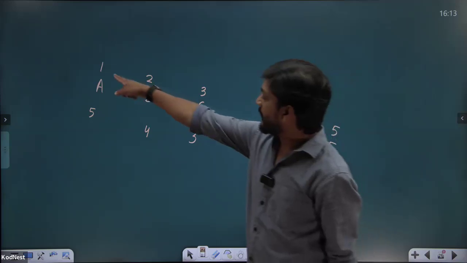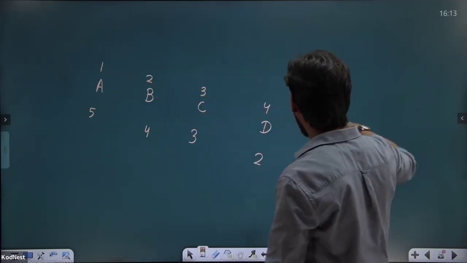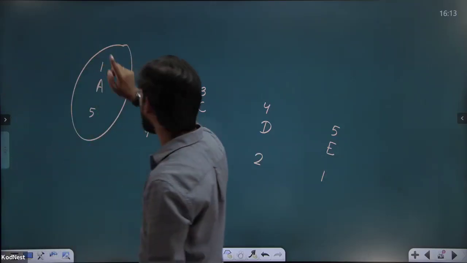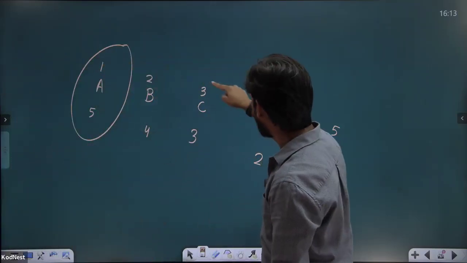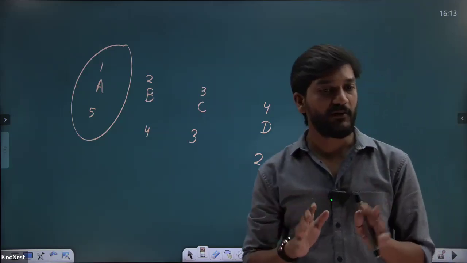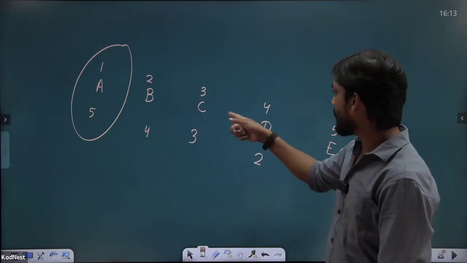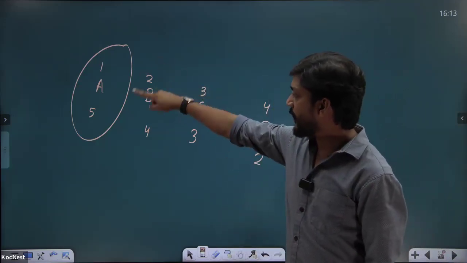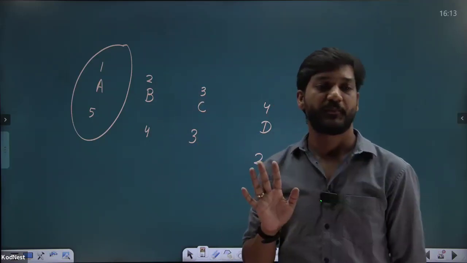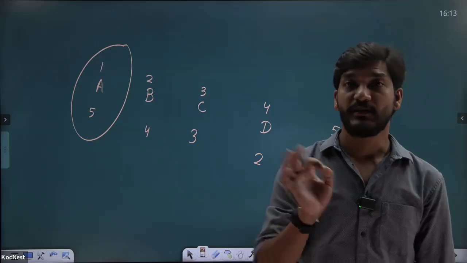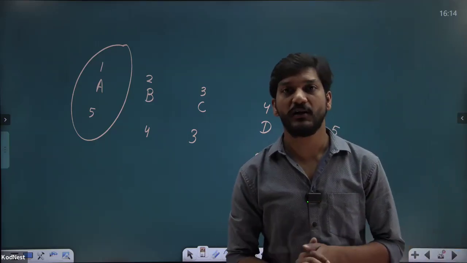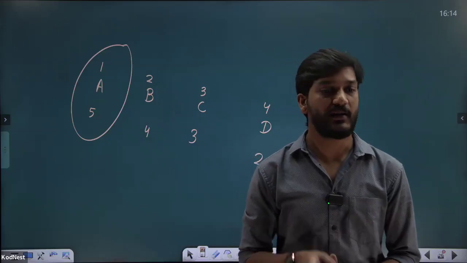So see, the numbering is done from the left, and the numbering is done from the right. If you calculate the sum, 5 plus 1, 4 plus 2, 3 plus 3, 4 plus 2, 5 plus 1. Is the sum everywhere the number of letters, 5? No. The same way, for 26 letters, the sum is not 26, it is 27. That's why 27.